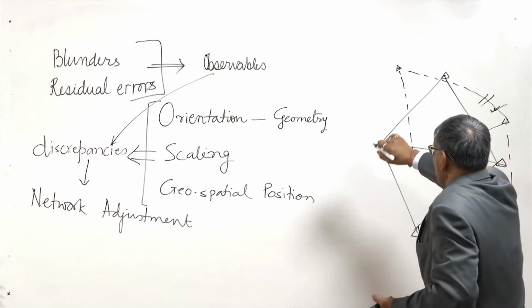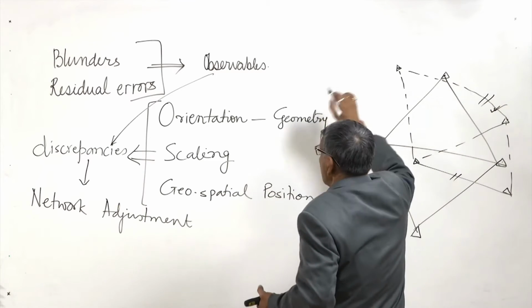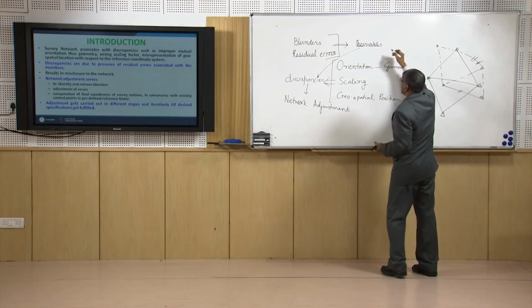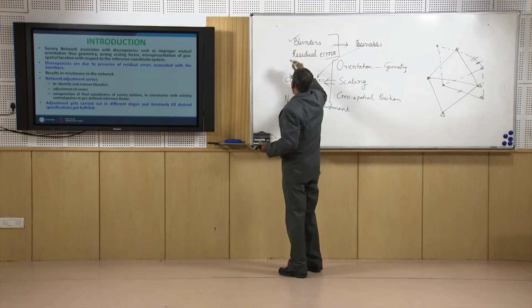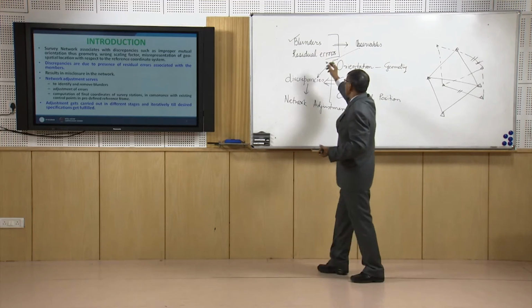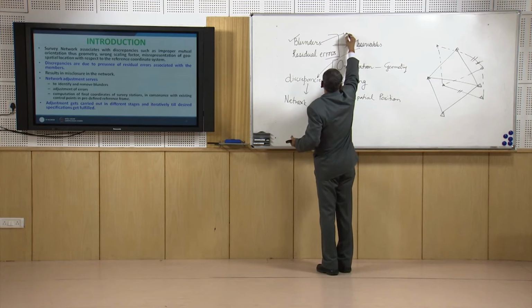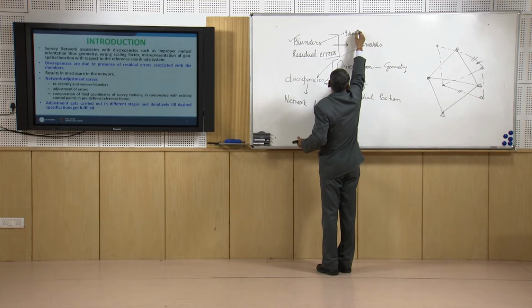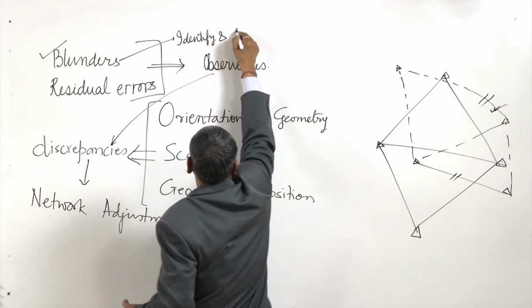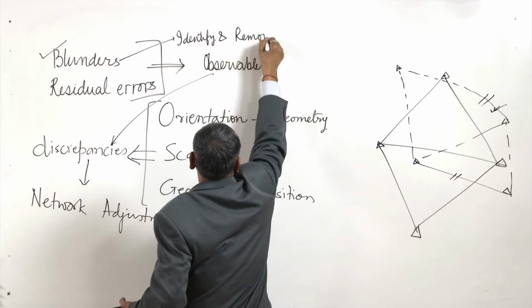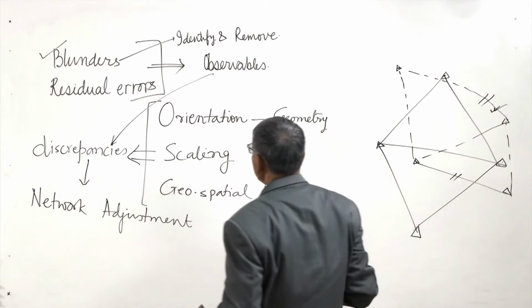So through network analysis we need to identify the blunder and remove it from the observables.